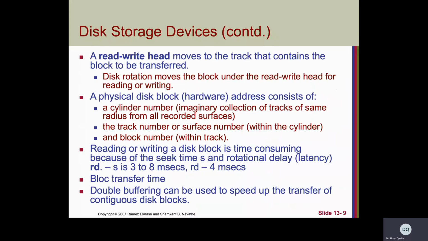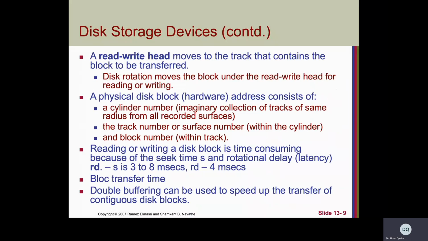So what happens is the read-write head, which is connected through an actuator, moves to the track that contains the block to be read. That data needs to be transferred to the RAM, and then something has to be done. So the read-write head is basically moving that data.